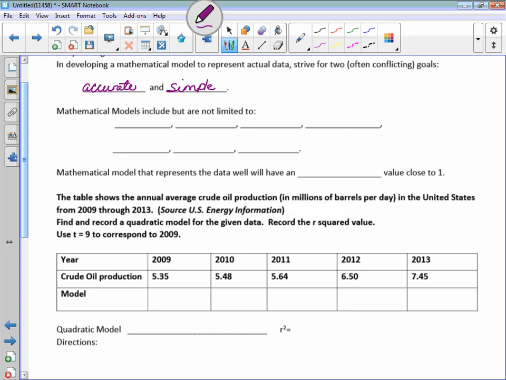Some of the different types of models you can have are linear, quadratic, cubic, polynomial, square root, absolute value, and rational.